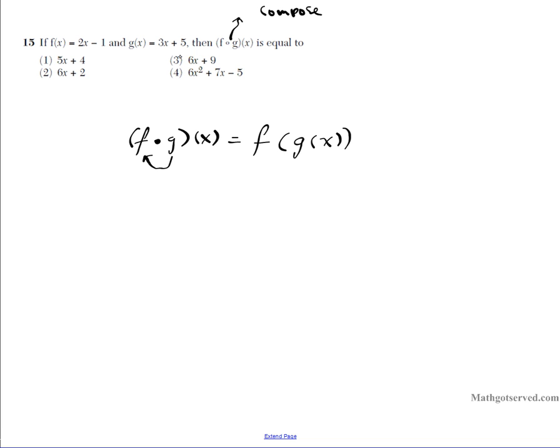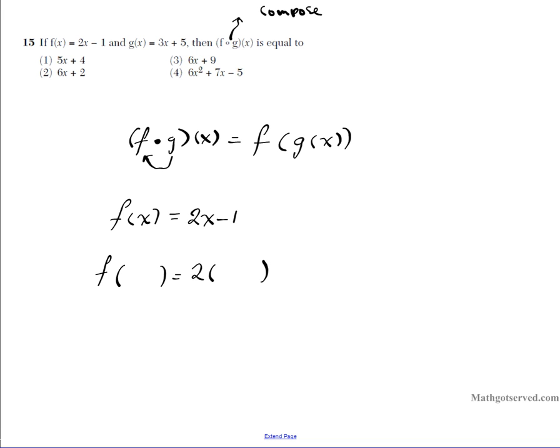All right, plug in this business, substitute it for the x in f. Okay, that's what we're going to do right now. To get everything organized, I'll start with the original function, which is f of x, and that is 2x minus 1. And I'm going to be plugging in g into that. So I need to clear out my x's in preparation for the input function, which is g.